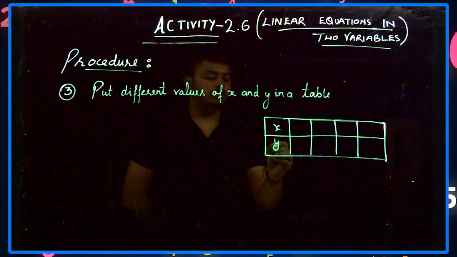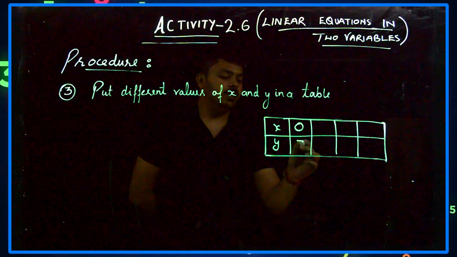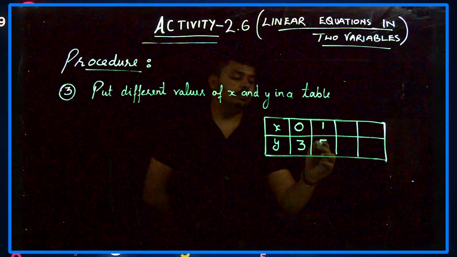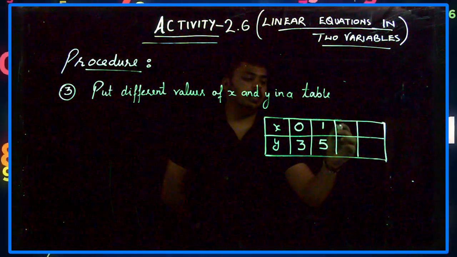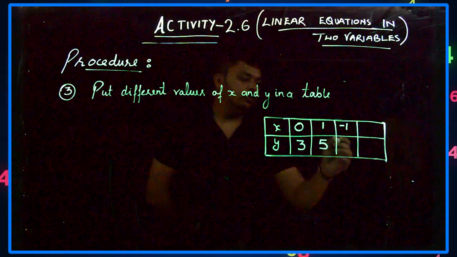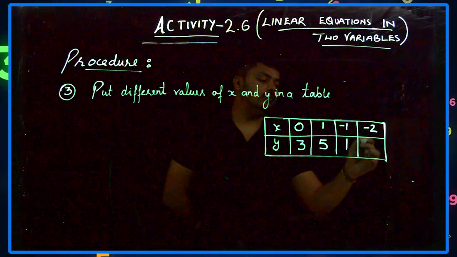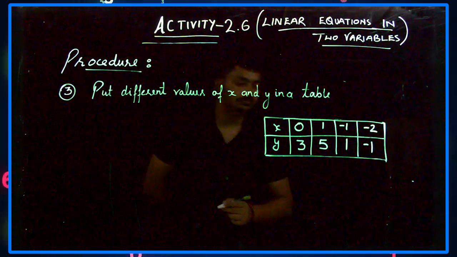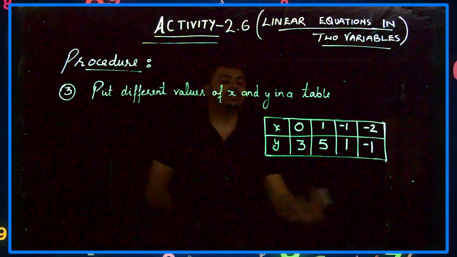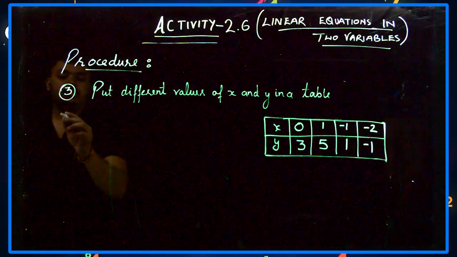When x is 0, y equals to 3. When x equals to 1, y equals to 5. When x is minus 1, then y equals to 1. When x is minus 2, then y equals to minus 1. So in the tabular form, we have placed all the values of x and y.